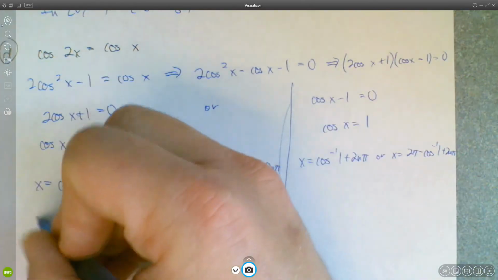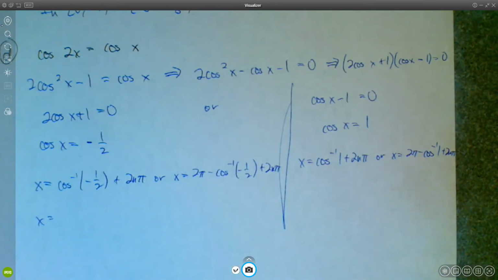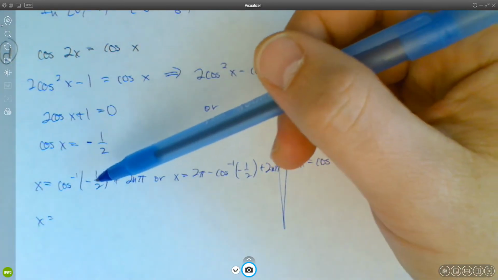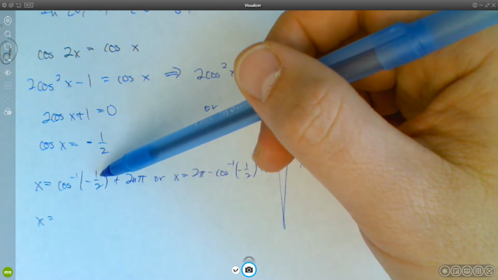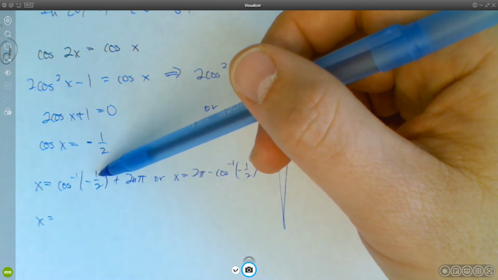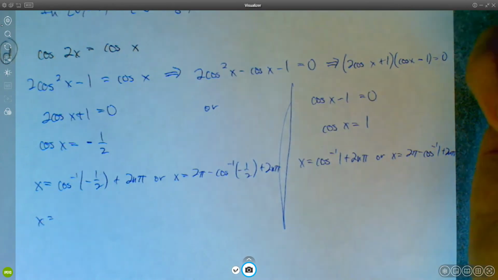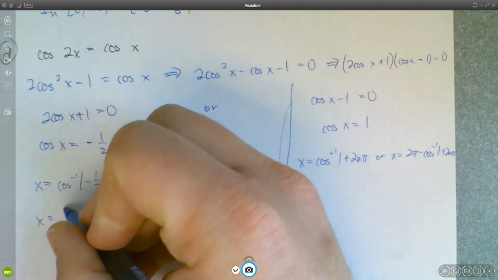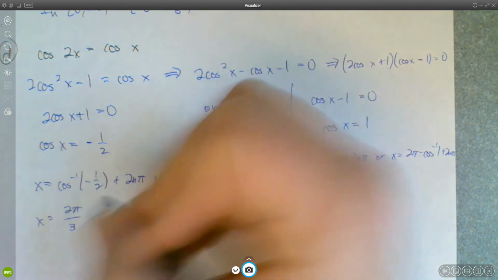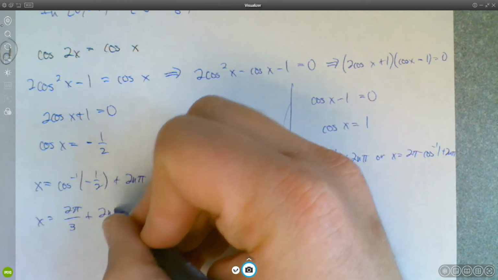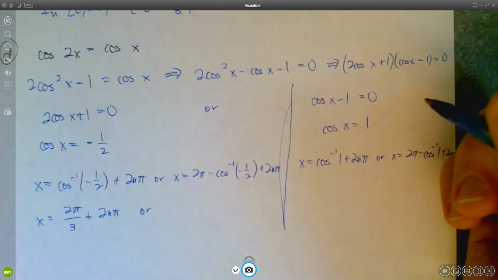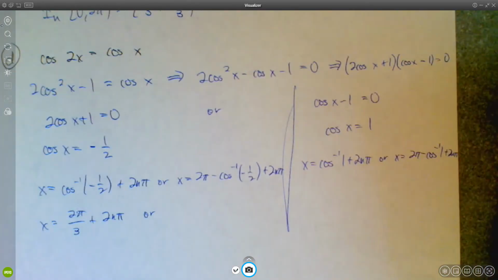Let's simplify this. Cosine inverse of negative 1/2 is going to be 5 pi over 6. No, 2 pi over 3. 2 pi over 3, right? So this is going to be 2 pi over 3 plus 2n pi, or 2 pi minus 2 pi over 3.